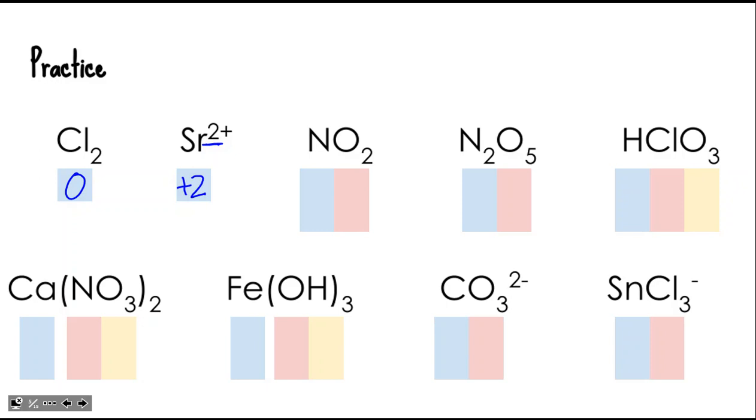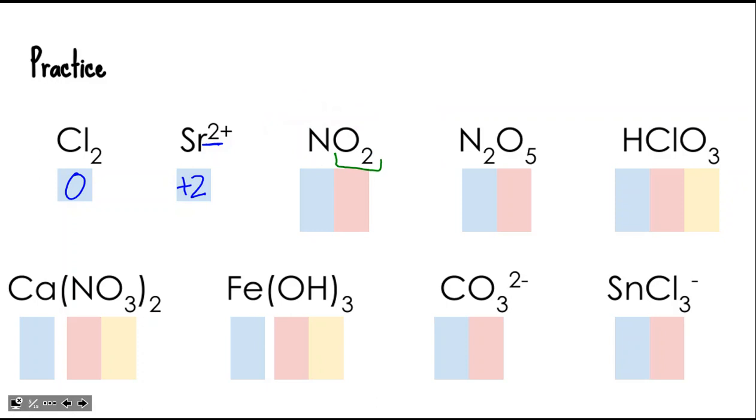NO2 is a covalent compound, and this is how you work these. If we were assigning regular oxidation states to both of these, we would put a -2 for the oxygen and a -3 for the nitrogen, right? Because nitrogen's in group 15, oxygen's in group 16. But that isn't correct, because obviously that's not going to add up to 0. So when you have two nonmetal elements, you always look at the second one, and you assign it its normal number.